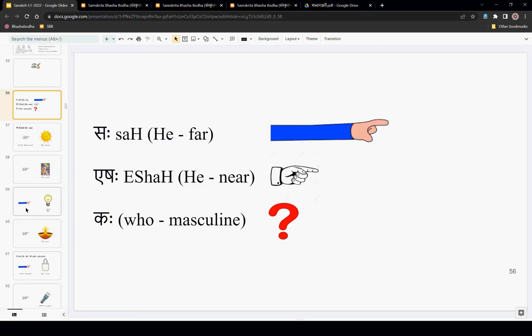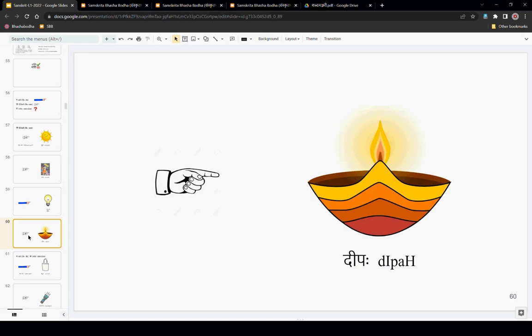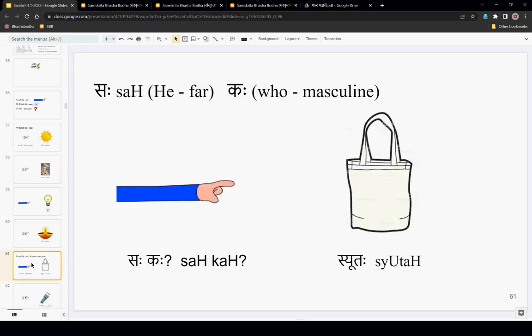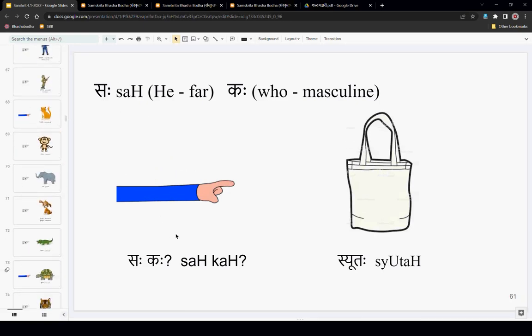Or what is that, if the word is Pullinga? For example, Deepa is there. So kaha saha Deepaha. Eshaha kaha eshaha Deepaha. Saha kaha saha Syutaha. Okay. So this is the format of the sentences we are studying now.